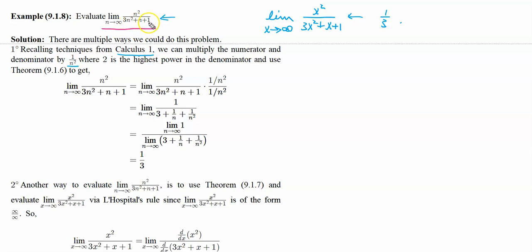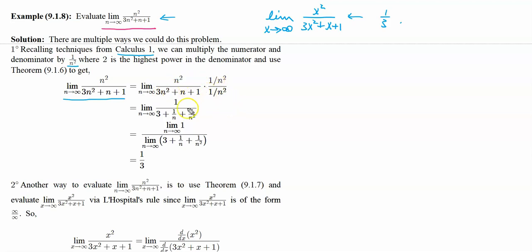Now the denominator here, the highest power is 2, so you'd multiply the top and bottom by 1 over n squared. This is how you handled a problem like this in Calculus 1. So you see right here we start with our limit. We multiply top and bottom by 1 over the highest power appearing in the denominator, which is n squared.